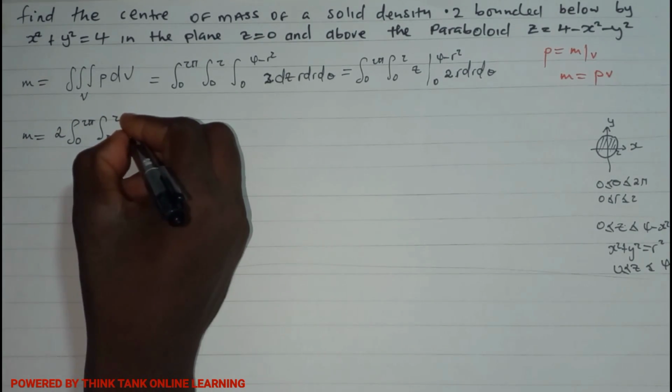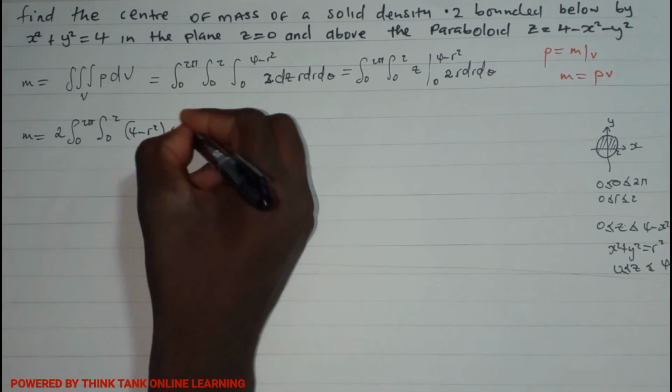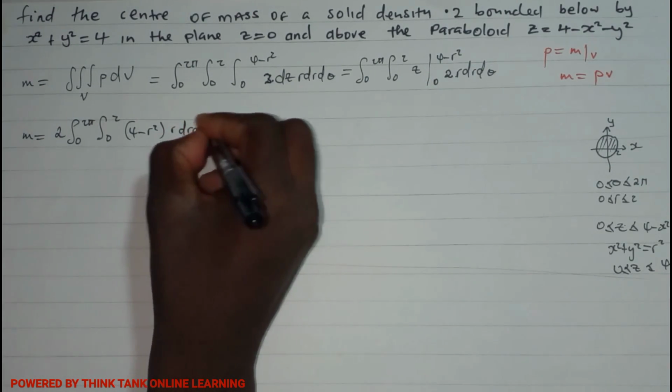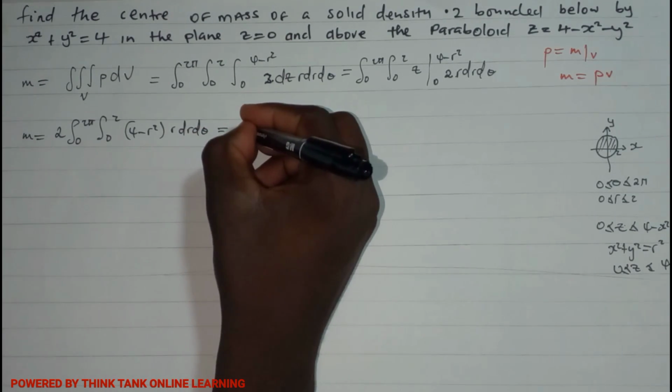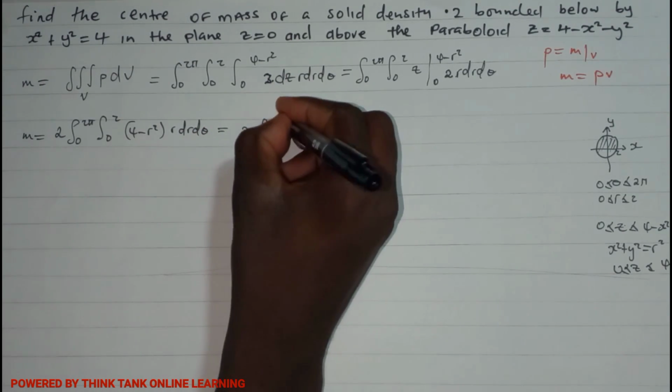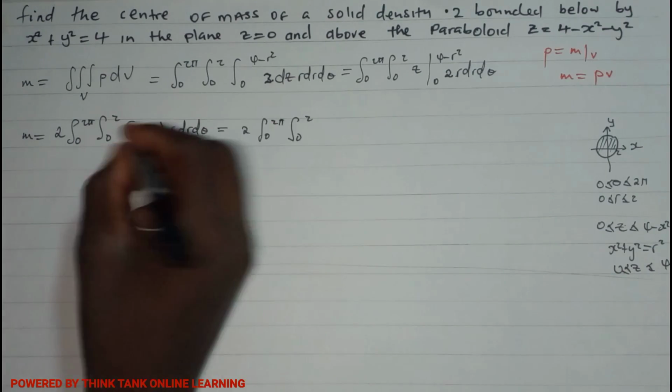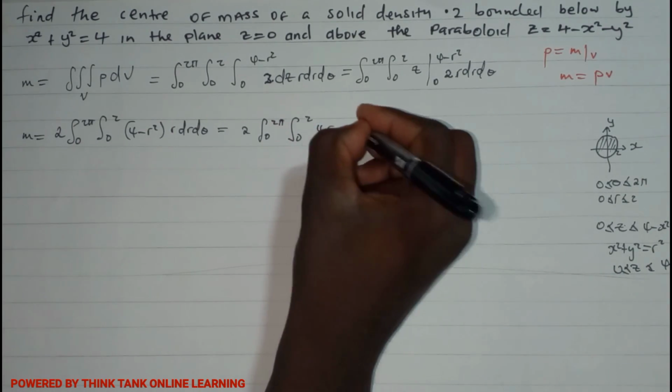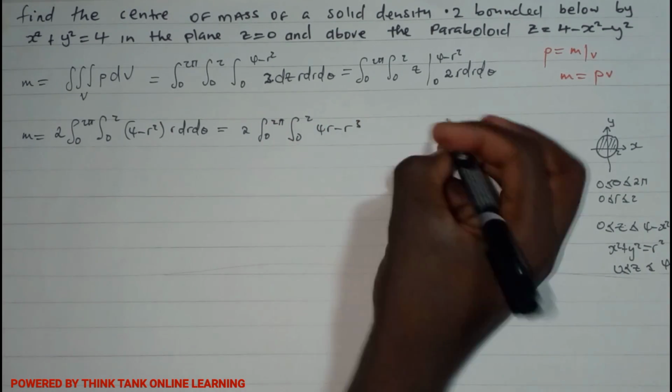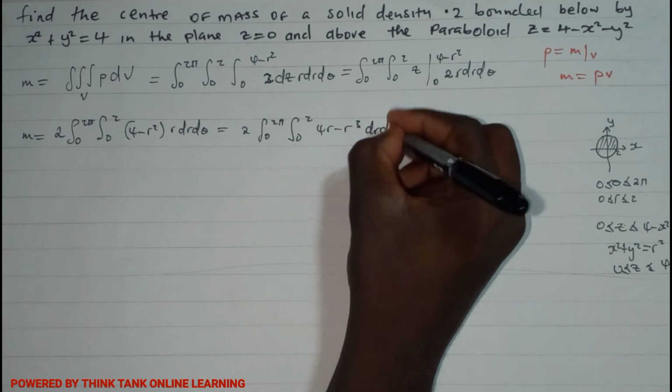So we're going to have 4 minus r squared times this r dr d theta. And we're going to have 2, 0 to 2 pi, 0 to 2, and we're going to have 4r minus r cubed, dr d theta.